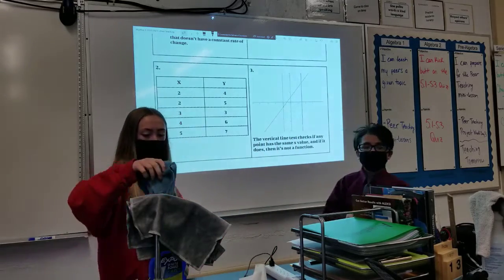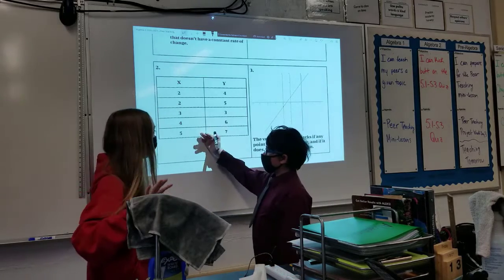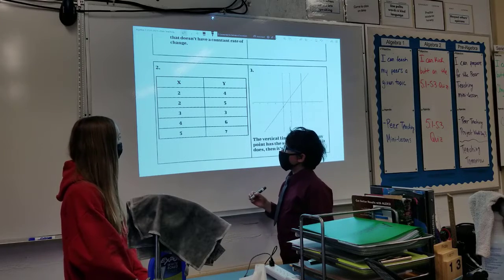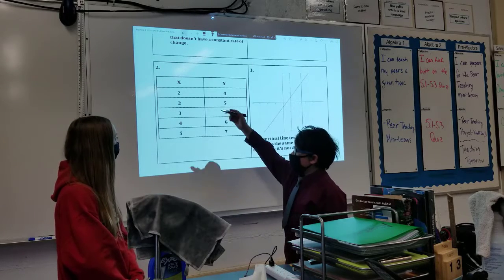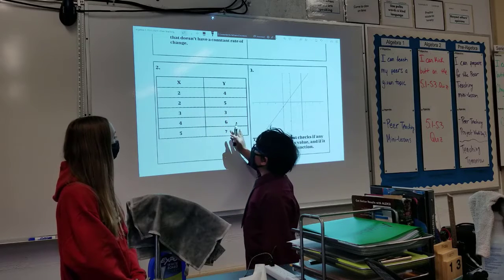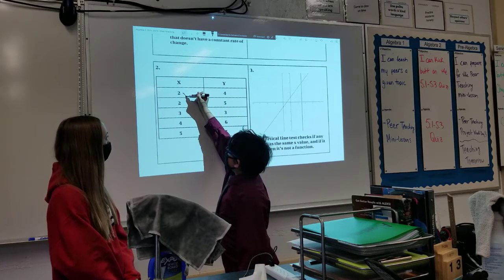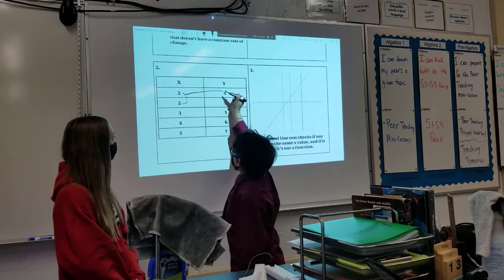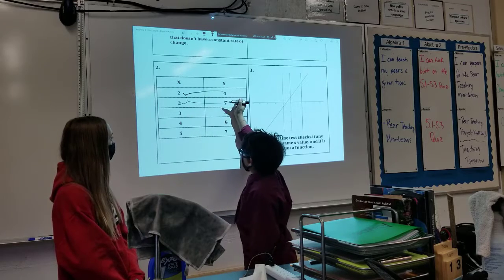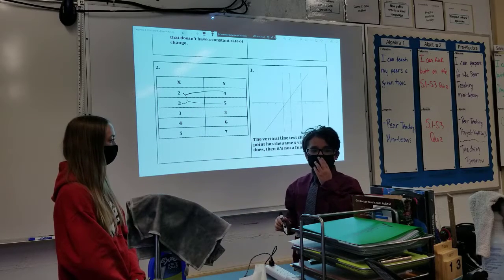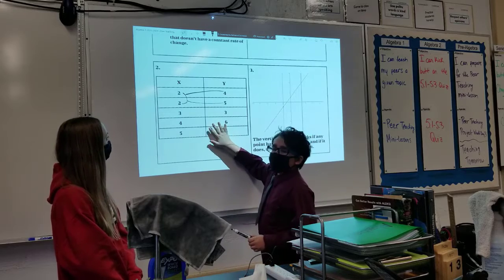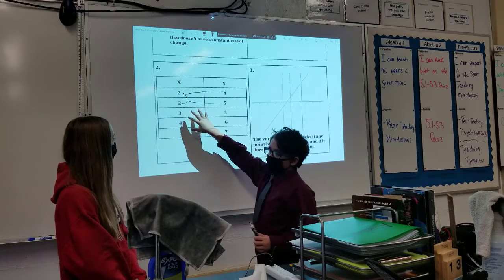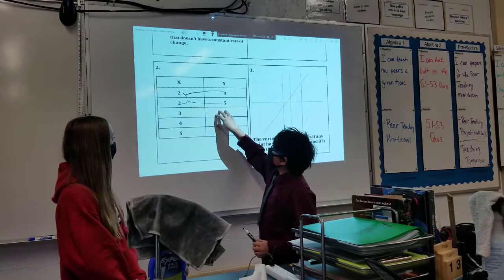All the x values and y values are neatly already written, so without even having to write anything, we can see that there are two 2's, and each 2 has a different y value, which means it wouldn't be a function, because remember from the definitions that if two x values are the same, they have to have the same y value.